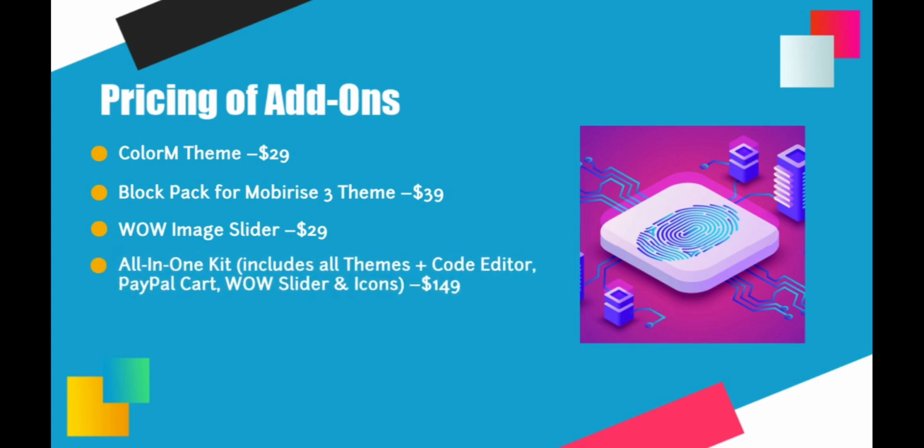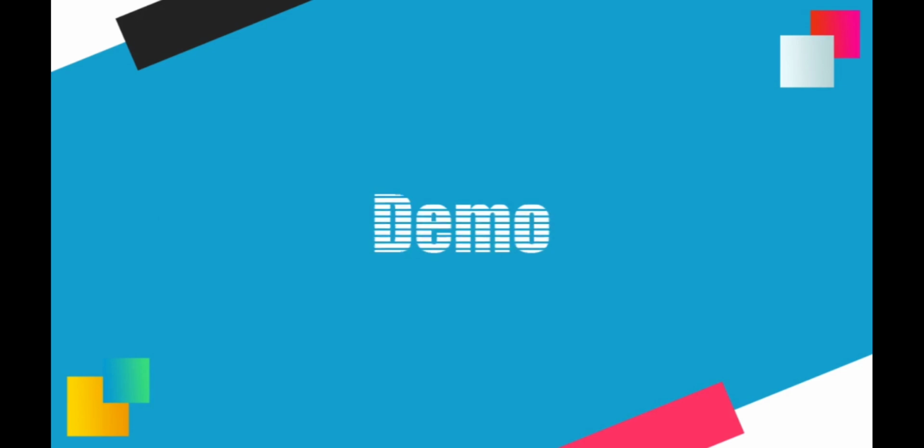And if you just kind of want to get everything all together, right? It's $149. You get the code editor, PayPal cart, wow slider, and all the other stuff. So that's all about the cost, right? So if you're going to pay, you can pay $149, and then that would do it. But once again, the point of this is that for the basic use of Mobirise, it's free. You're going to see that. So let's get into the demo so you can see.